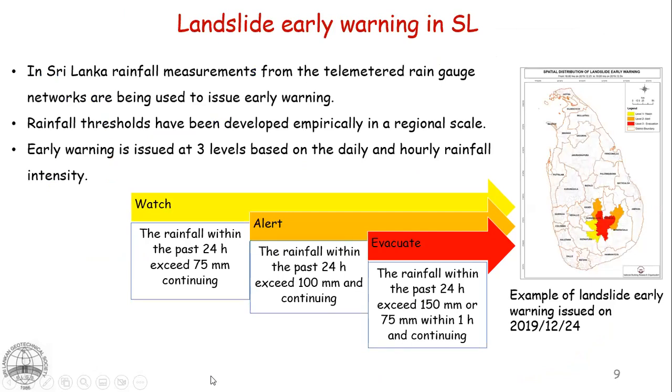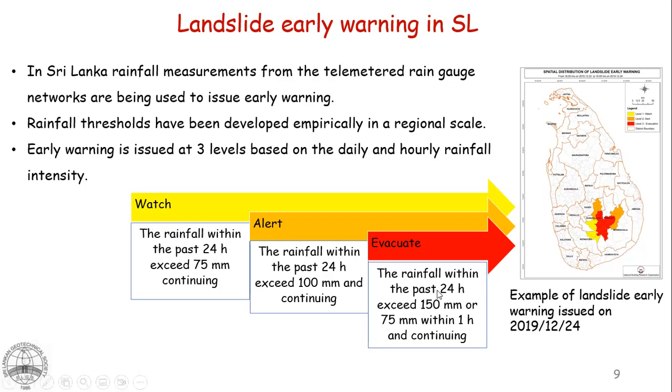With this rainfall, the landslides are triggered. Currently, there are some threshold rainfall values decided based on experience. If the rainfall within the past 24 hours exceeds 75 millimeters, people in the area are advised to be watchful. If it exceeds 100 millimeters and is still continuing, they are alerted that a landslide is likely to occur.